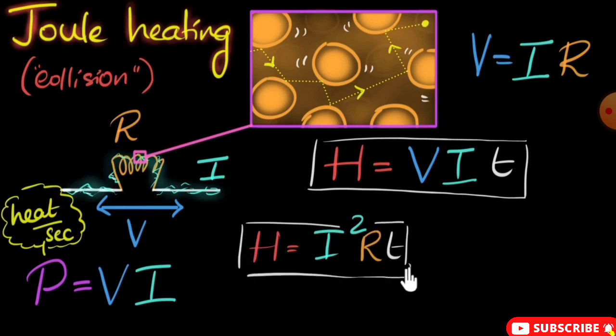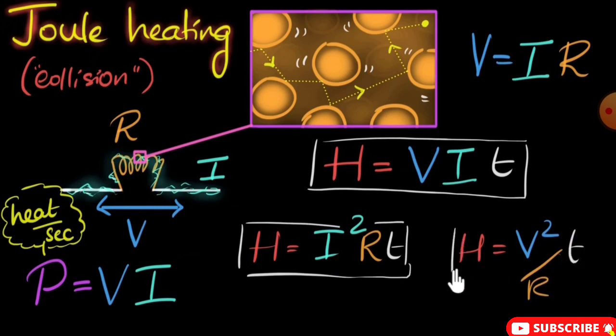So this is another formula in terms of current and resistance. And similarly over here we can substitute for I as V over R. In that case what we would get is V over R, so V squared over R, times T. And this is a formula that tells us how much heat is generated in terms of voltage and resistance.